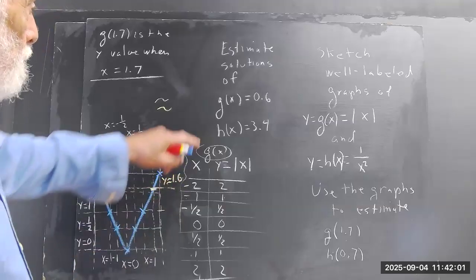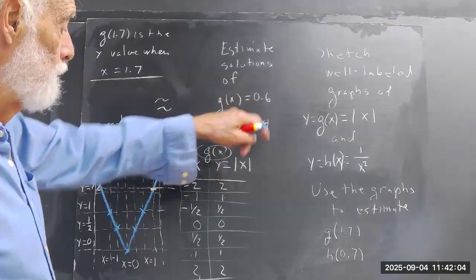Then the g of x function, we want the solution of g of x equals 0.6.